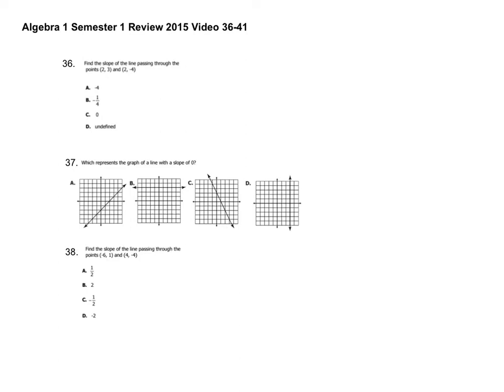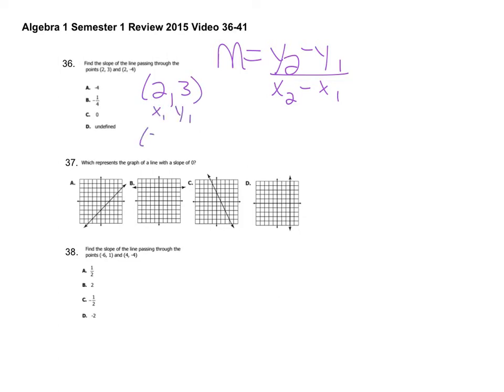Number 36, find the slope of the line passing through the points (2, 3) and (2, -4). Recall that your slope formula is y2 minus y1 over x2 minus x1. So if (2, 3) is (x1, y1) and (2, -4) is (x2, y2), then we can plug in: -4 minus 3, that's y2 minus y1, over 2 minus 2.